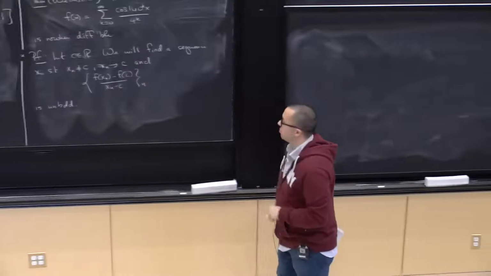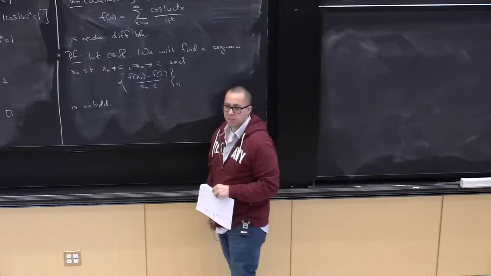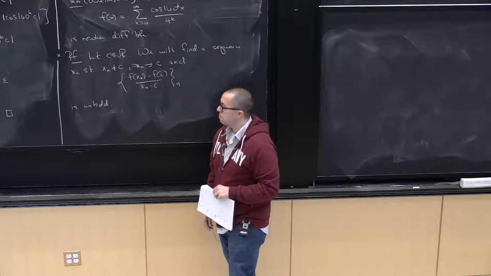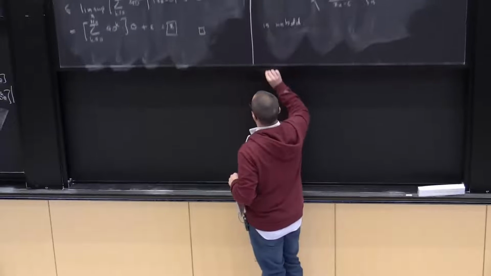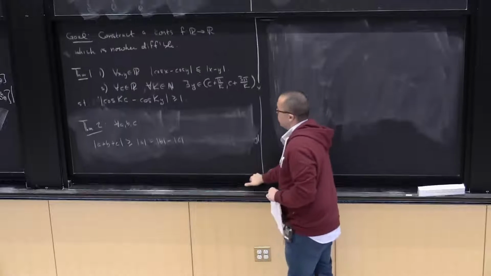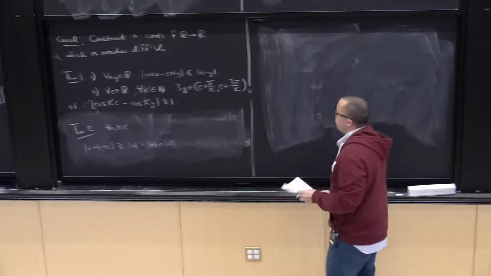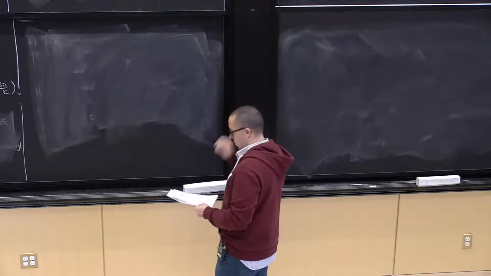Okay? And therefore, this sequence cannot converge. And therefore, the function is not differentiable at c. So, we're going to use Theorem 1 to find the sequence.